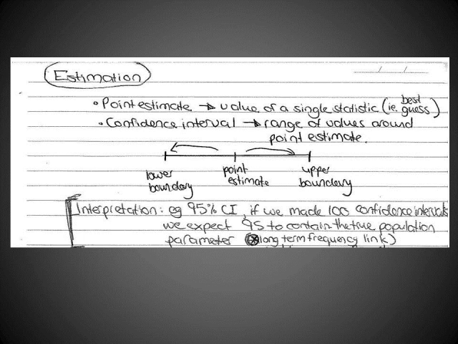Now, of course, how much we add and subtract is going to have to link to the theory, because there's still going to be some uncertainty associated with that interval. Unless my interval goes from, say, negative infinity to positive infinity, we're still not going to be 100% sure that our true population parameter is within that range, even with adding on a bit of a buffer for sampling error.